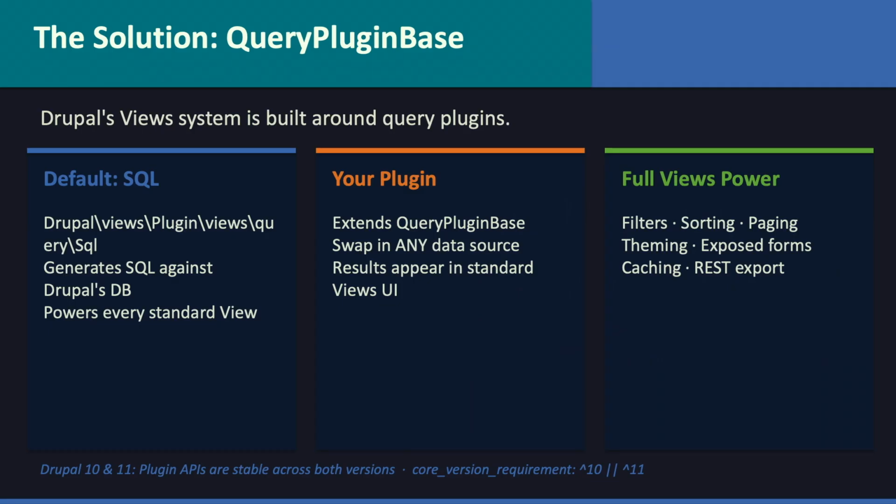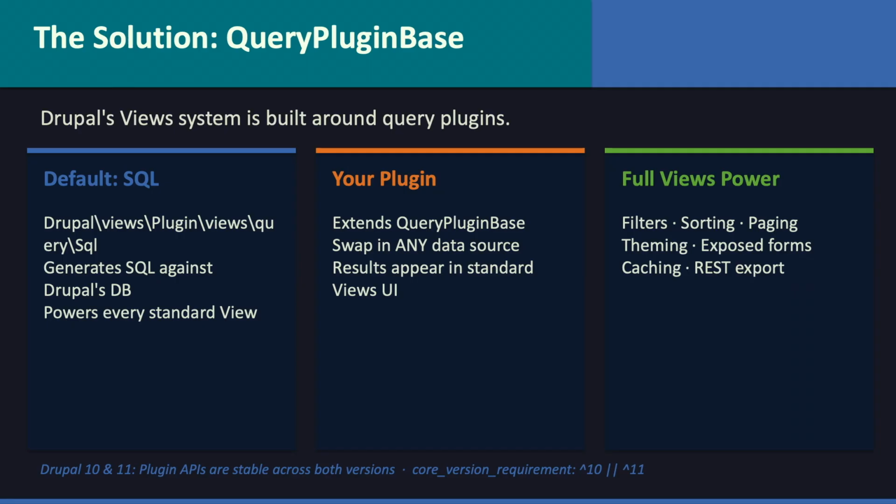So the solution to being able to use Views was extending the Views query, building a custom module that extends the query plugin base. So the query plugin base is the default class in Drupal, which does the SQL query to the Drupal database, brings all the data back and renders it in a table row format to be able to be used by Views.